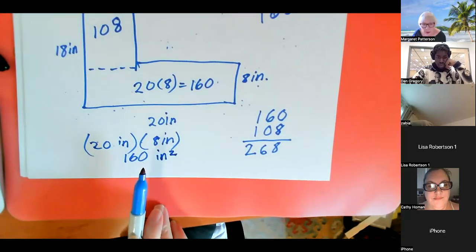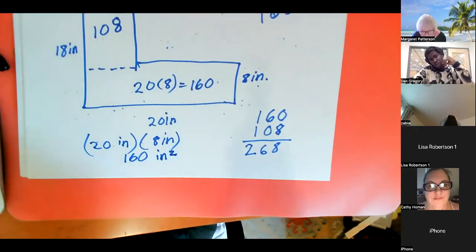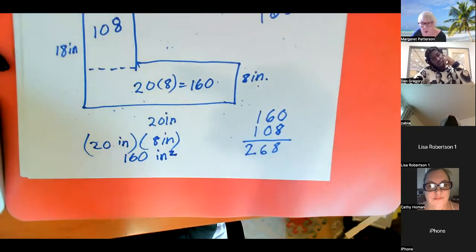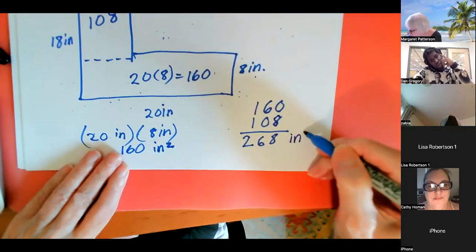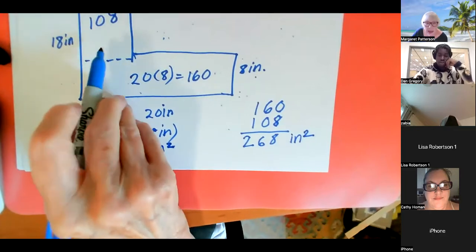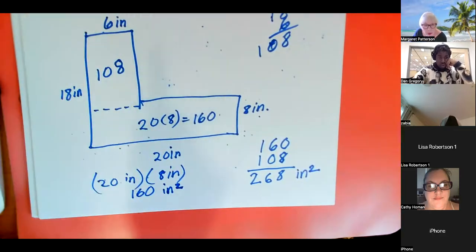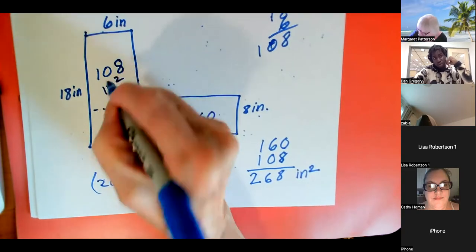And when you do area, which is what we're doing, it's always square something. Square inches, square feet, square yards, square meters, square whatever. And so it's always square, so you don't have to guess. 268 square inches. The same happened up here. This was inch times inch, so it was square inch.